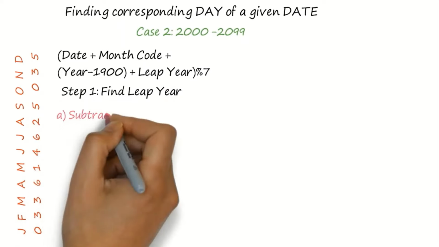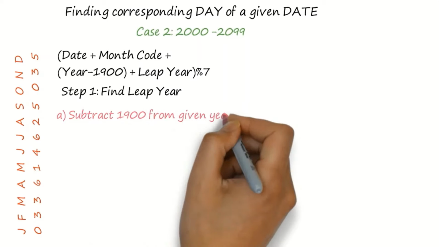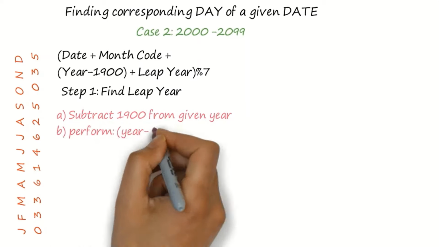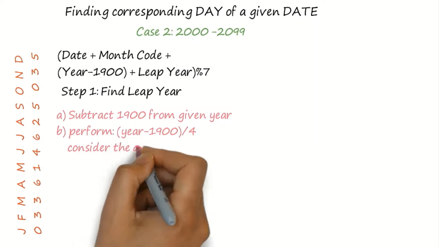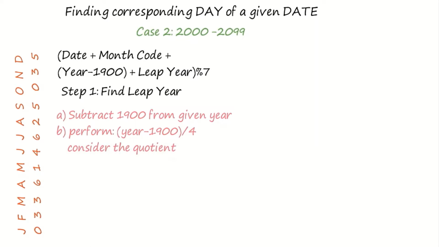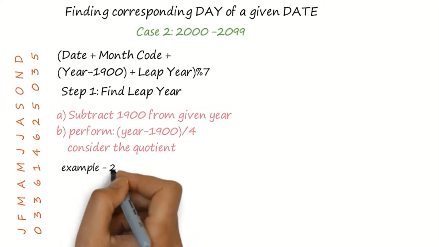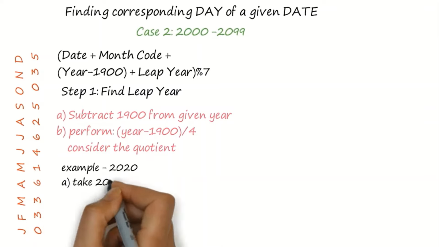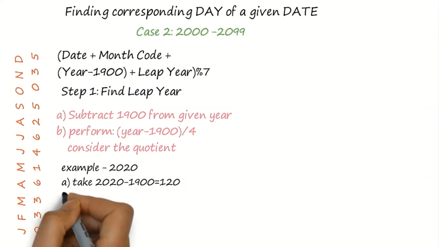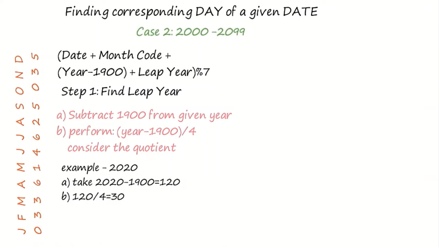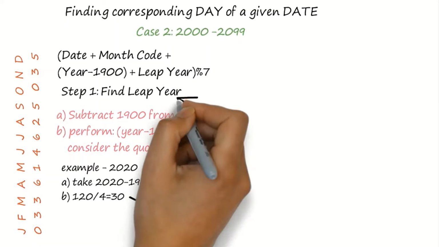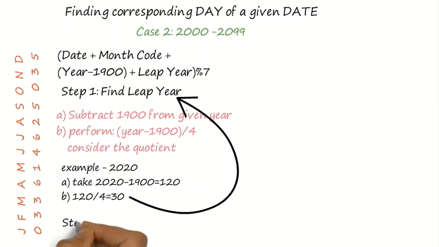Here we need to subtract 1900 from the given year and then take the quotient after dividing it by 4. For example, for the given year 2020, we subtract 1900, which is 120, and dividing it by 4 gives the number of leap years as 30.